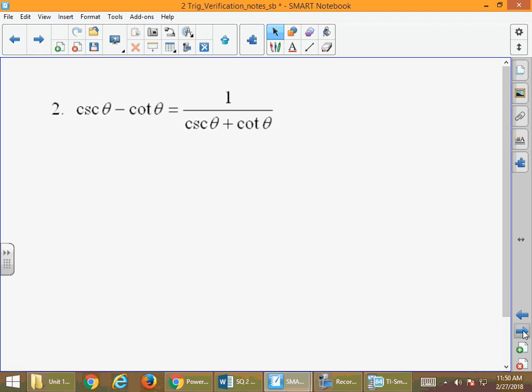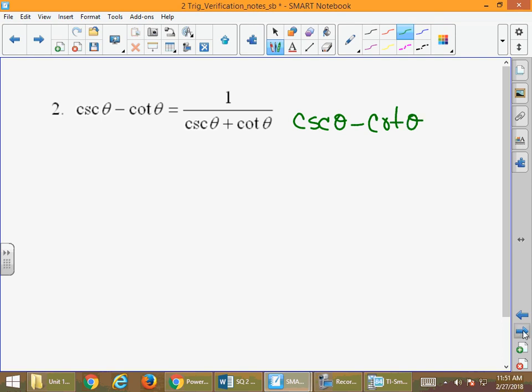In this particular case, the more complicated side is the left side of this equation. And then what we're going to do is try that. We've got cosecant theta plus cotangent of theta. Let's multiply the bottom of this fraction by cosecant theta minus cotangent of theta.